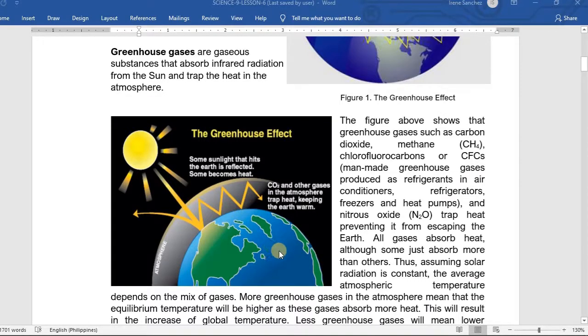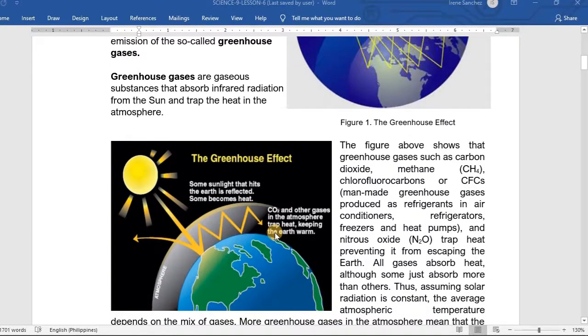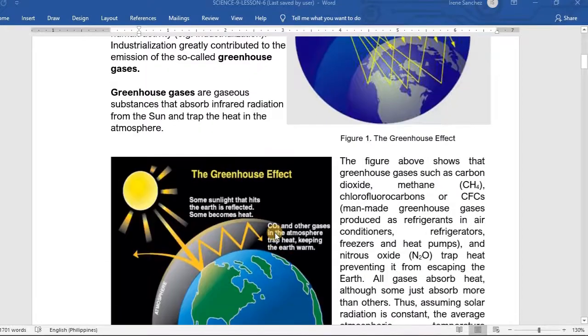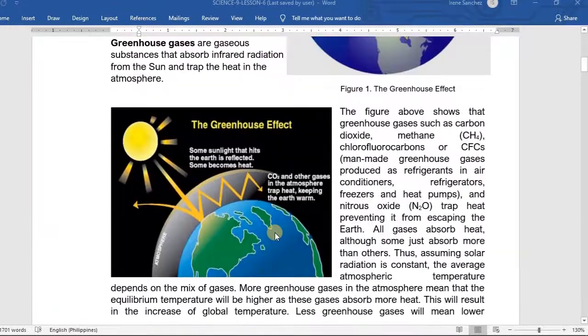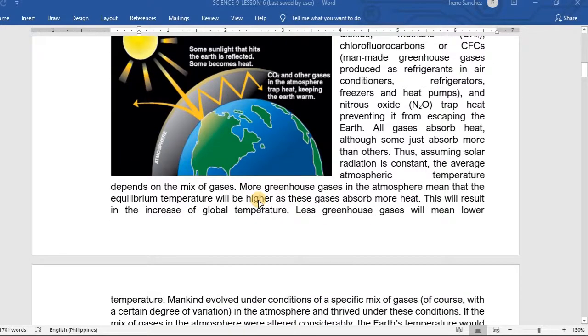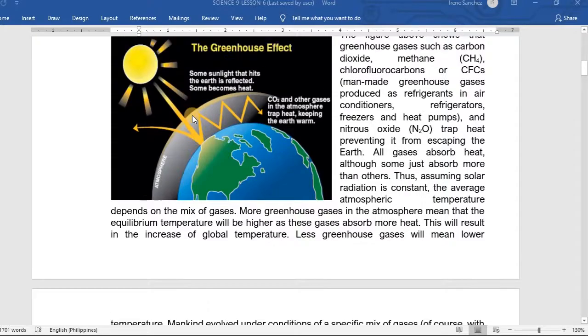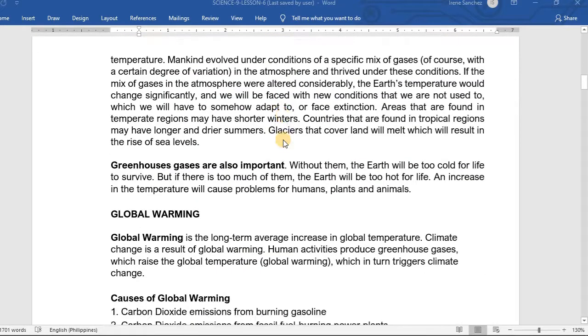It's a good mechanism on our planet since it allows the amount of heat needed by living organisms to be retained on its surface, because we need the heat of the sun. But then there are these greenhouse gases, the pollutants, that have become so abundant that so much more heat is trapped on the Earth's surface. So that is why global warming.